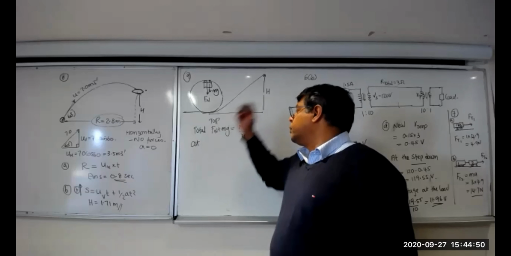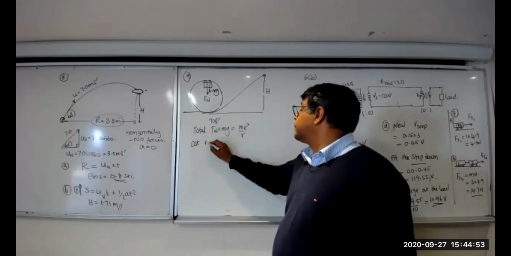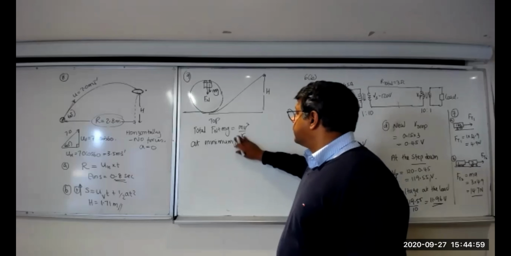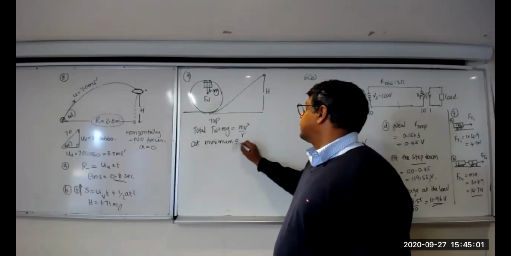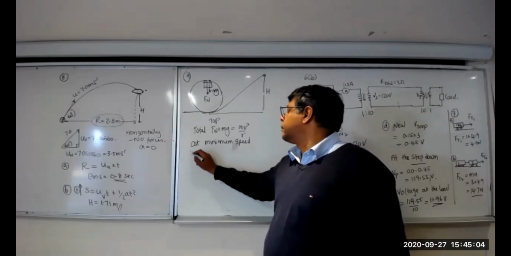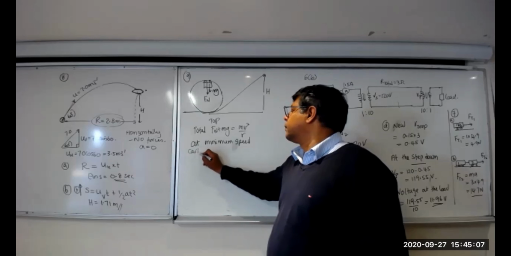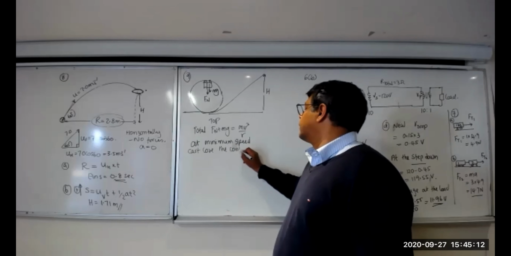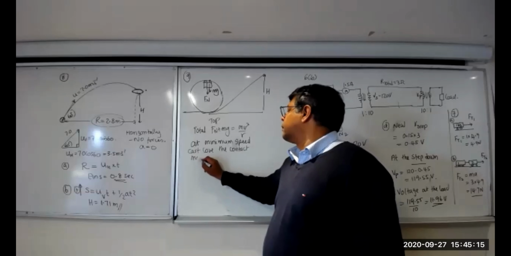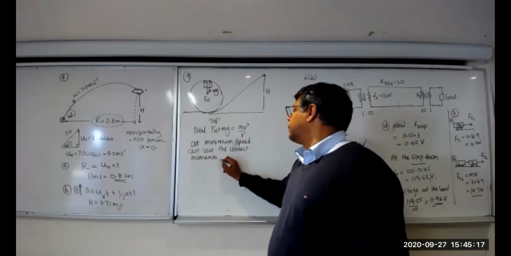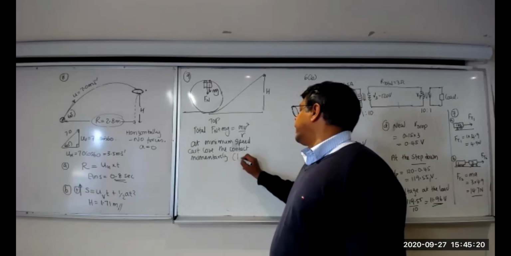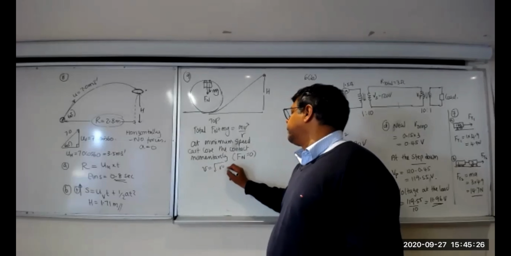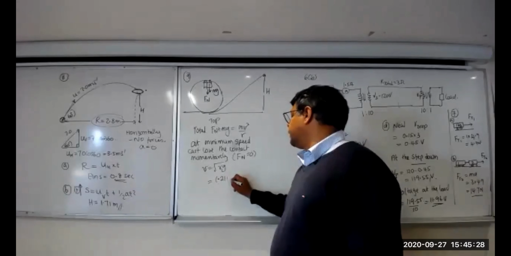At minimum speed, you momentarily lose contact force. Your Fn becomes 0. So that simplifies to root rg, which gives a value of 1.21 meters per second.